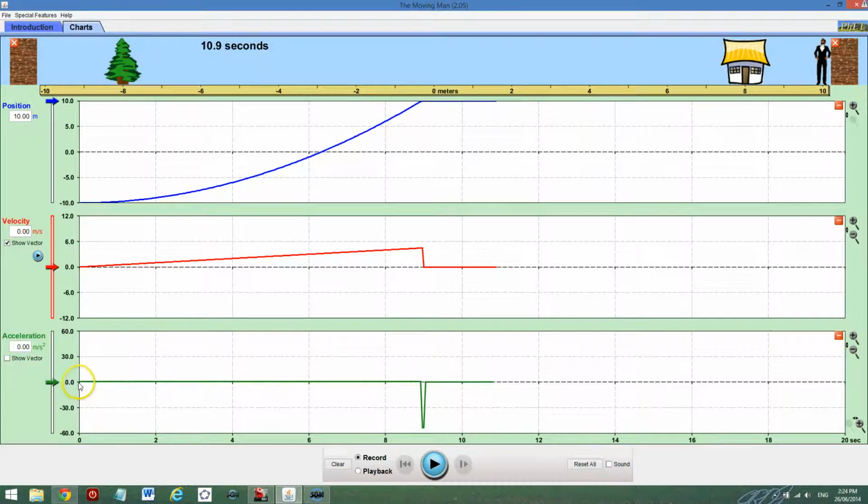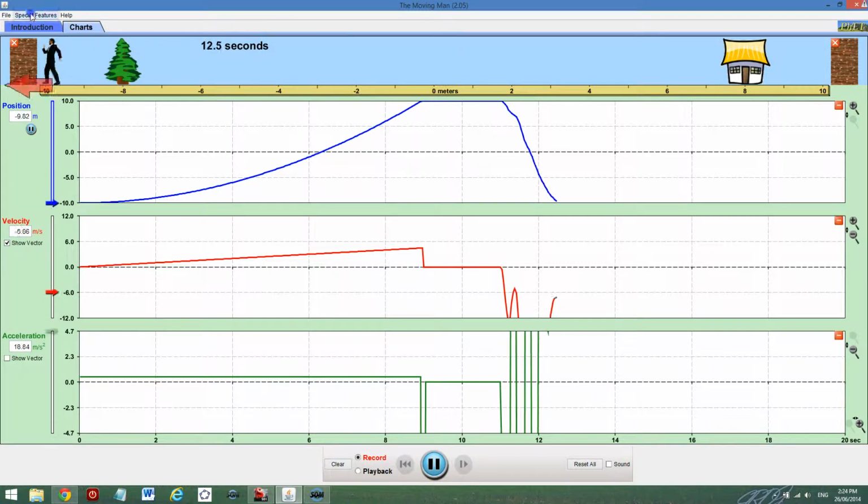And its acceleration was 0.5. If I change the scale of the graph, the acceleration was still 0.5.